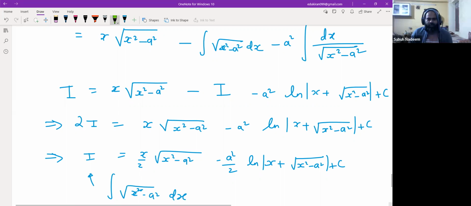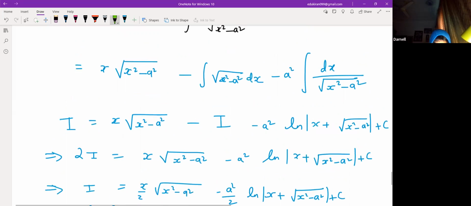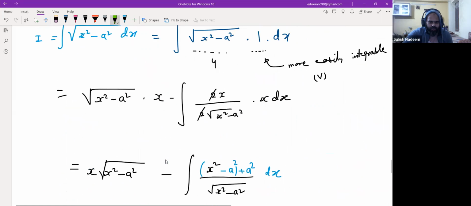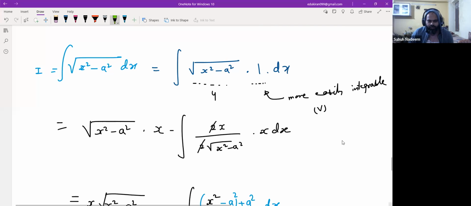Yes. So could you show how you differentiated root of x square minus a square? Okay. So root over x square minus a square will be differentiated. This would be 1 by 2, and x square minus a square to the power minus 1 by 2 it will become. It will come in the denominator.